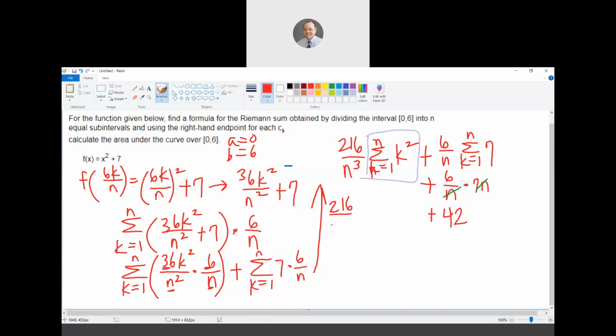So we'll replace that entire summation with our formula: n times n plus 1 times, oops, sorry, no, that's not the correct last part. That should be 2n plus 1, all over 6.